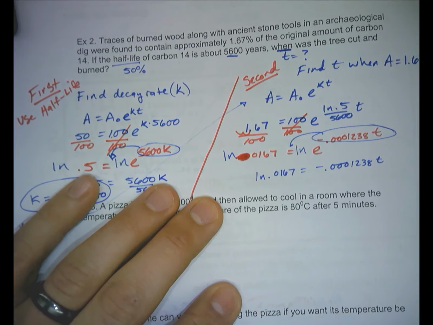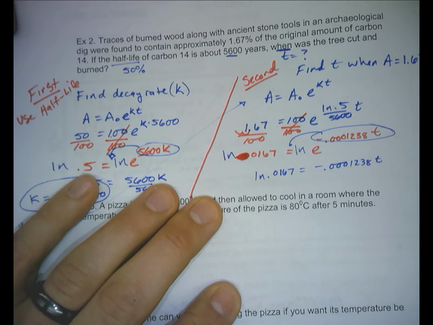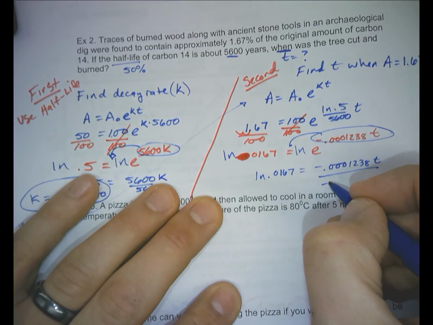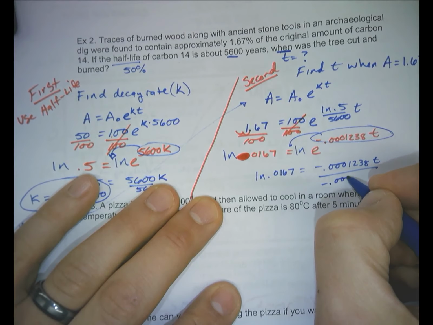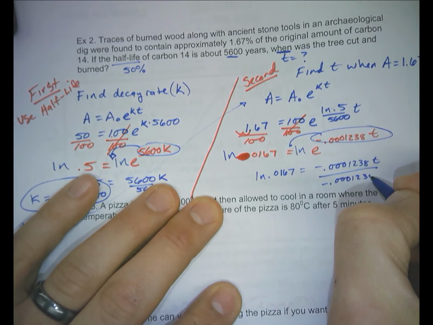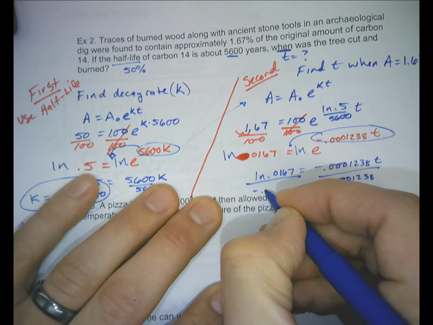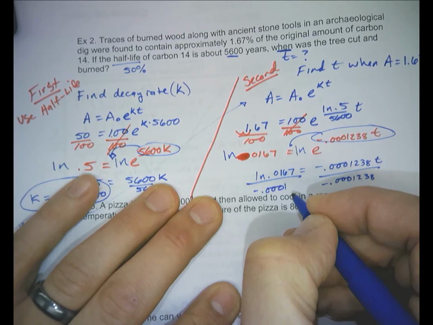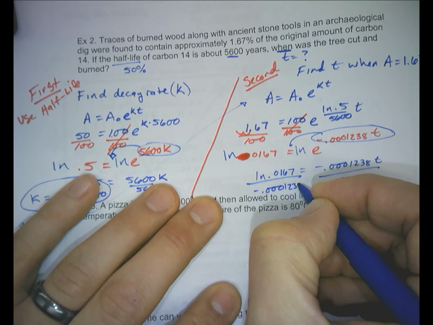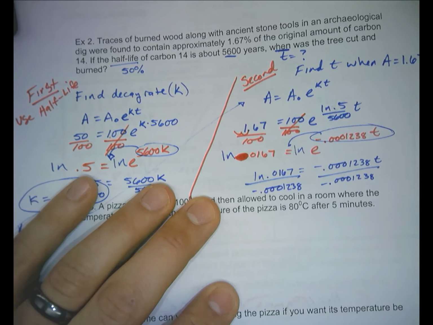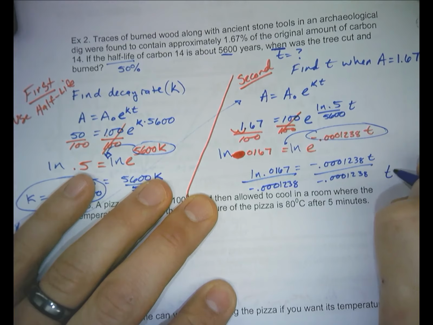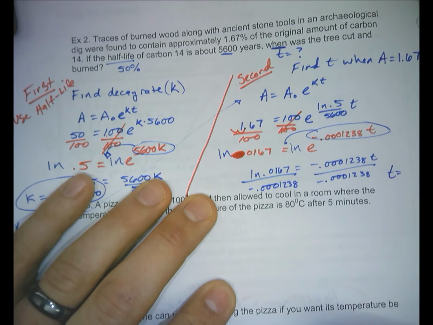It just disappears. And now my last step, I divide this guy over. And then type that into your calculator.